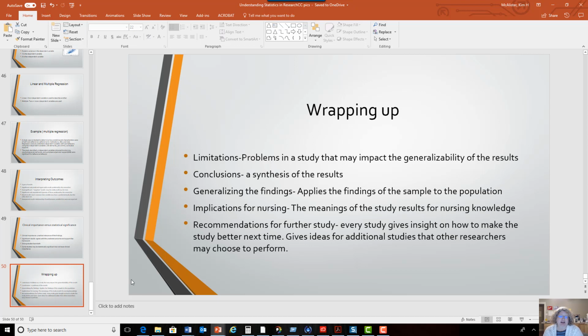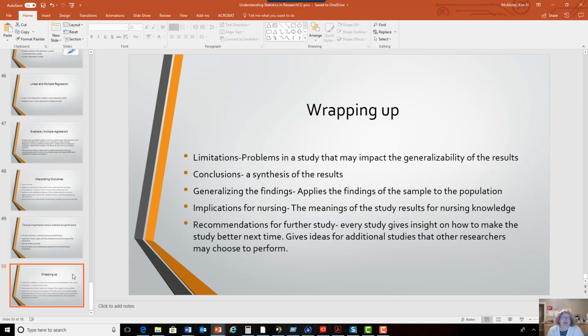So some final terminology. Limitations are problems that may impact the generalizability of the results, so problems that may keep the study from being applicable to everyone else. You always want to identify your limitations and include those in the study.